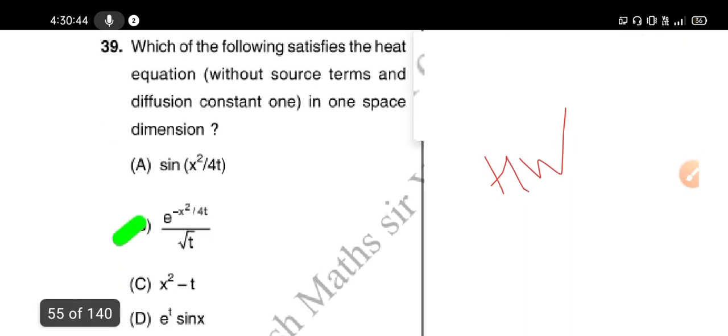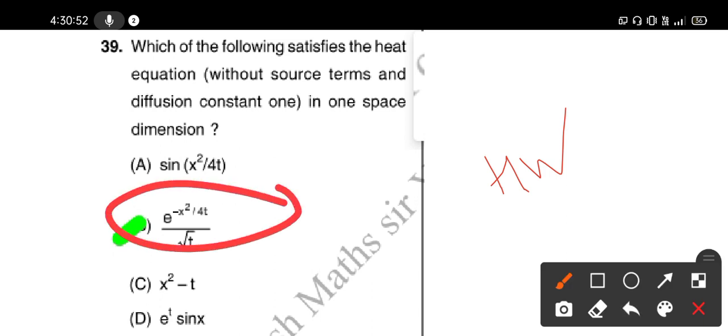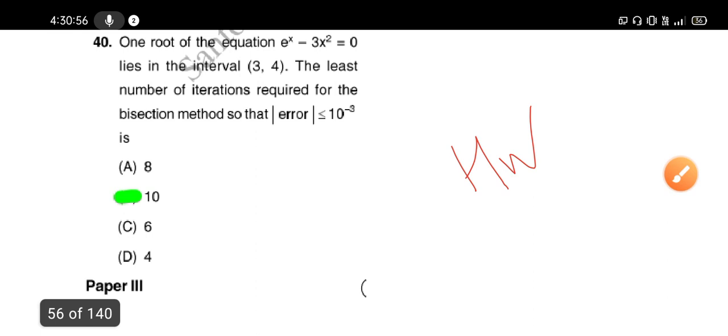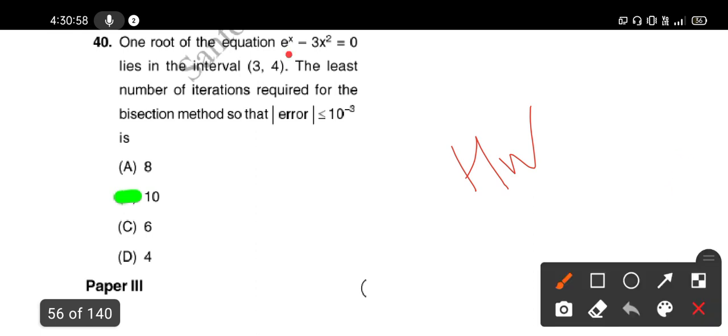A regular singular point we get based on this result. Next question, which one of the following satisfies the heat equation without source term and with diffusion constant 1 in one space dimension? That is option B, which is correct. You can try. One root of the equation, here the equation is given, lies in the interval 3 and 4.